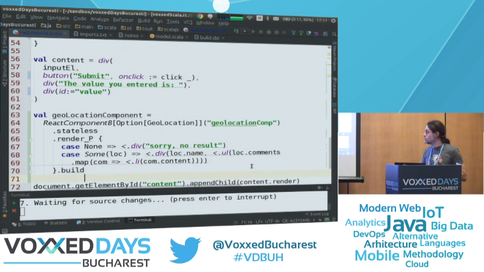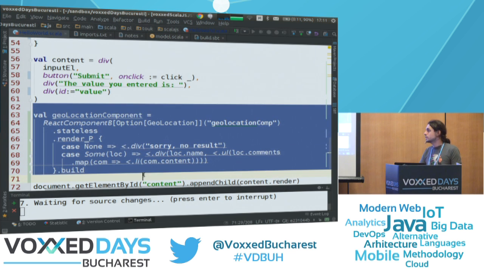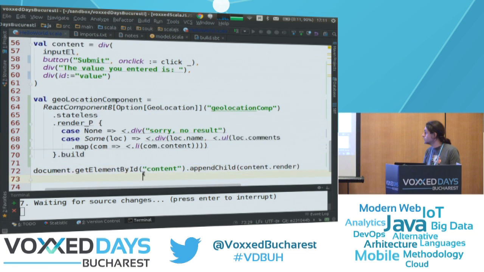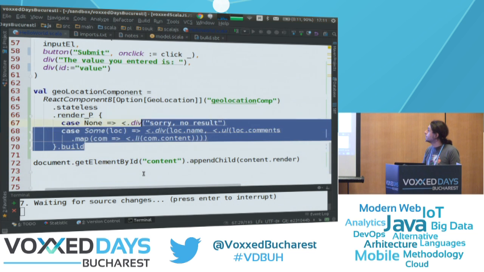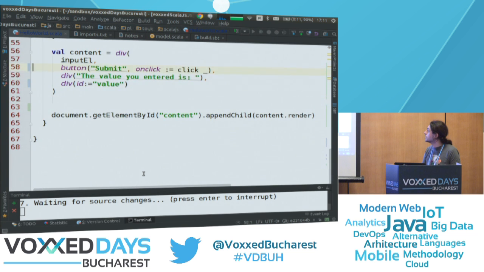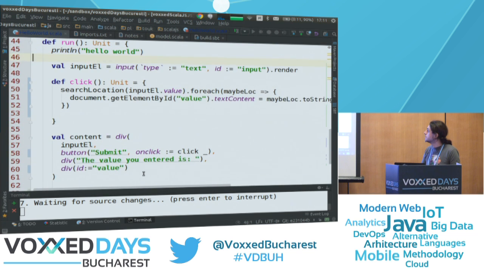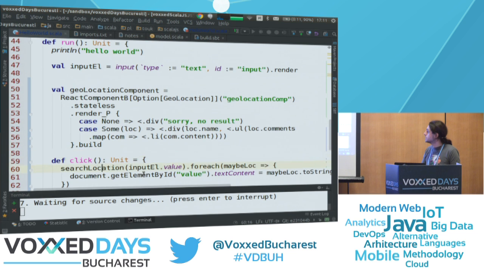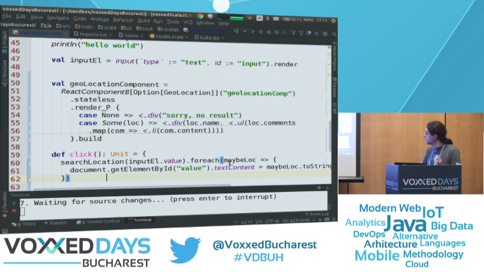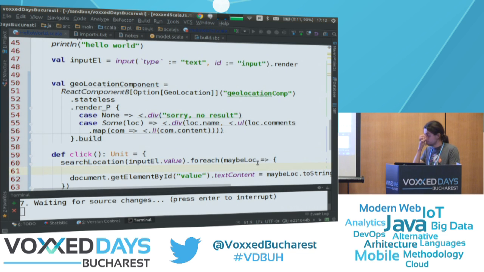So now we've created, in fact, a JavaScript class called GeolocationComp. So how do we use it? First, okay, I will move it a little bit up to be able to use it in our current setting. And when our search service returns us a list of locations and comments, what do we do?